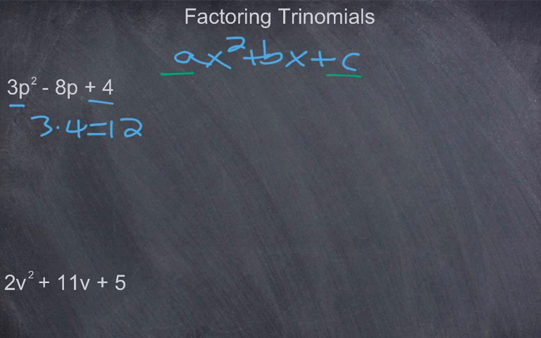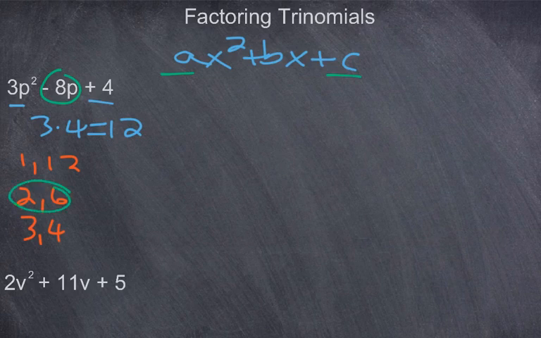Now you're going to find factors of 12. You have 1 and 12, 2 and 6, 3 and 4. Which pair of these will add up, since we already established that the two parentheses will have the same symbol, to 8? In this case the 2 and the 6.